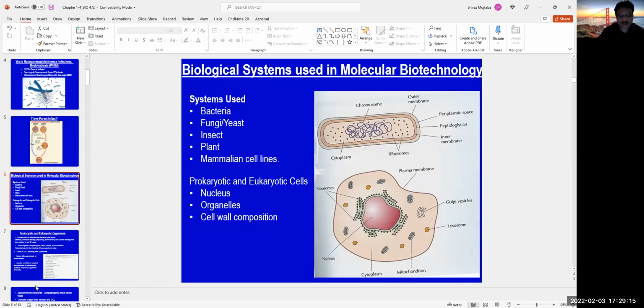Now I'm switching gears a little bit from history and development to what are the model systems being used for discovering or developing molecular biotechnology tools, right? And if you have the right tools, then you can put in place a platform that can be used for benefiting individuals or society in many ways, right?